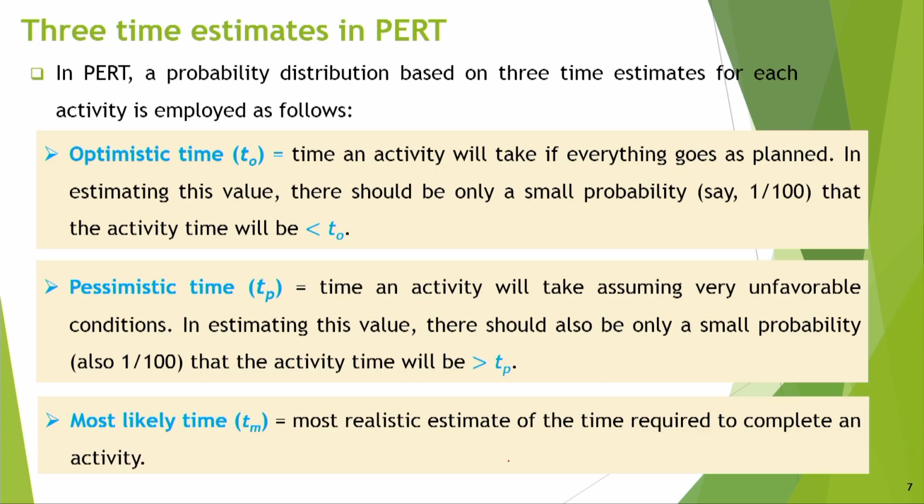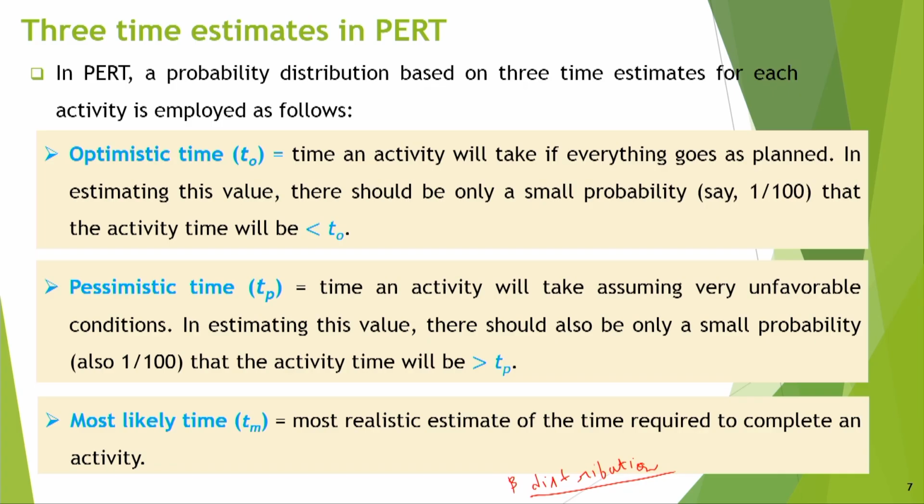I am not going to tell you about beta distribution, but if interested people who want to go in depth in the mathematics or statistics part of it, they can see the beta distribution. Okay. So, if somebody asks how do you decide the expected time etc., on which distribution it is based, then you can answer that it is based on beta distribution, just like we have normal distribution and other types of distribution. So, beta probability distribution is there.